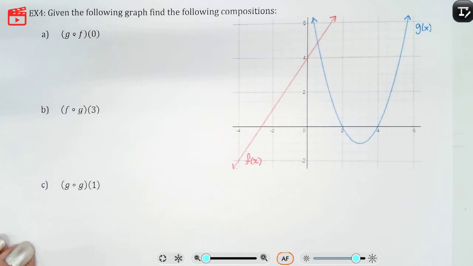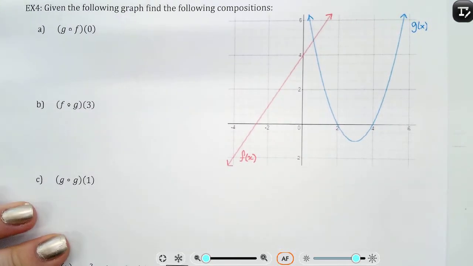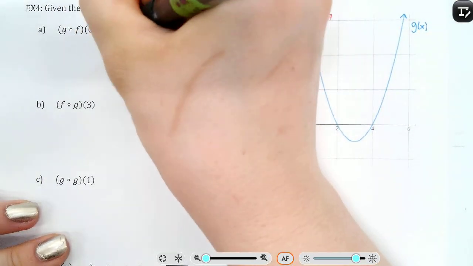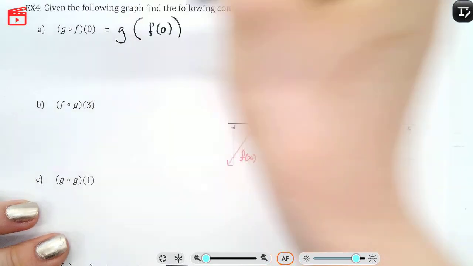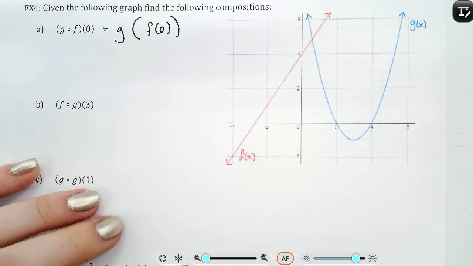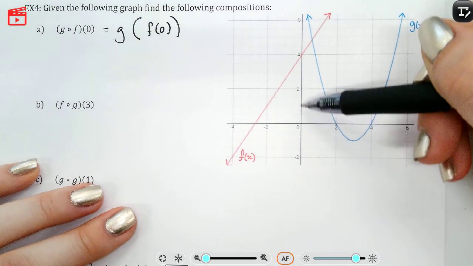All right. So not as much algebra, going with some graphing here. So g of f of 0, well, we're told that that is g and inputting the f of 0 value. So what is f of 0? Well, I'm going to look for the x value of 0, which is here, and find f.